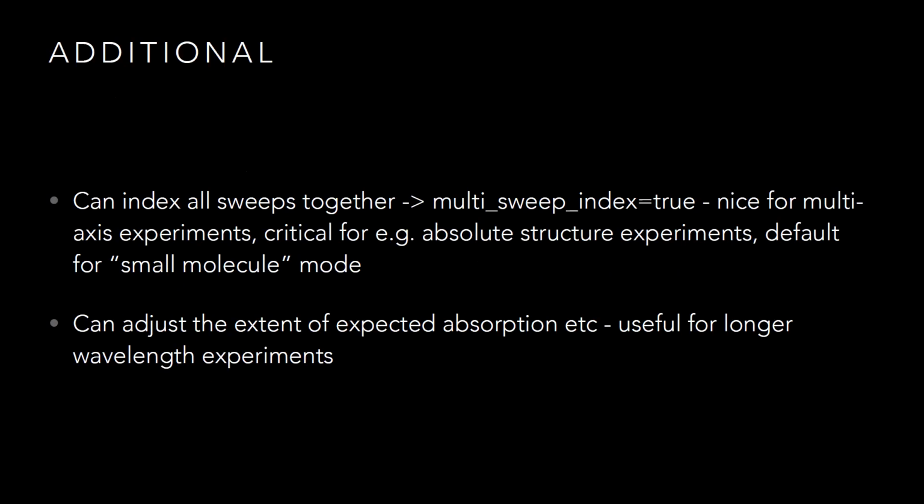So if you have a multi-axis goniometer, you can do things like indexing multiple runs at the same time, which can be particularly useful if you're doing, I don't know, like absolute structure work, and you do crazy stuff like measuring with the detector here, then here, then here, and then back here. Obviously, most people don't do that, but actually at Diamond on I19 we do. There are some other options that you can tweak as well, but for the most part, this is stuff where it's there, it's automated, there is some documentation. So if you want to know about this, just remember there's this xia2 thing, there's documentation.